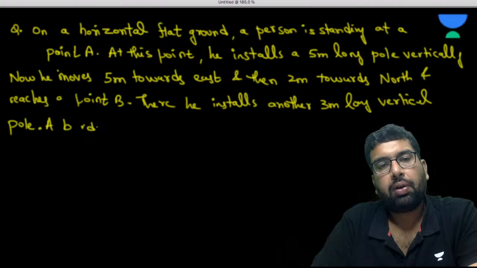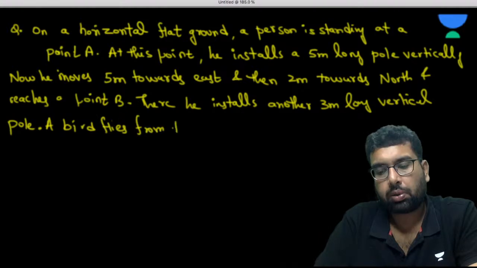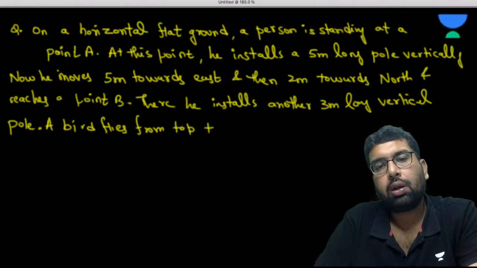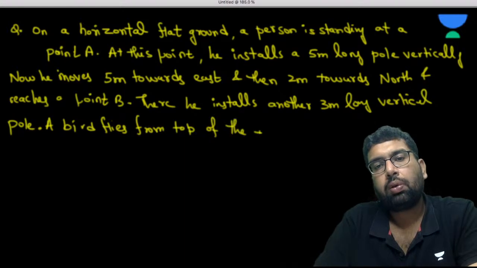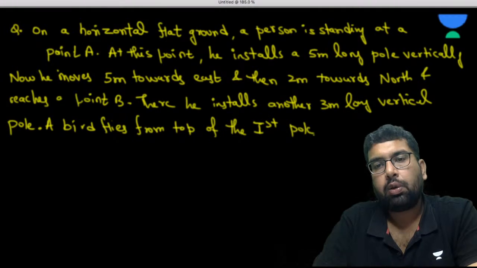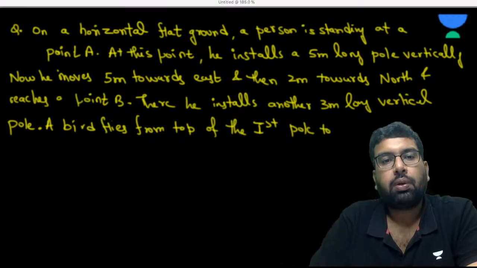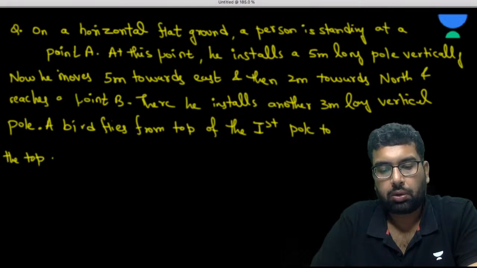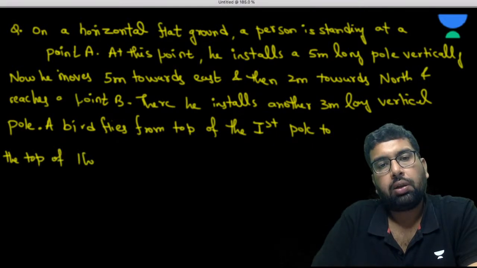A bird flies from the top of the first pole to the top of the second pole.